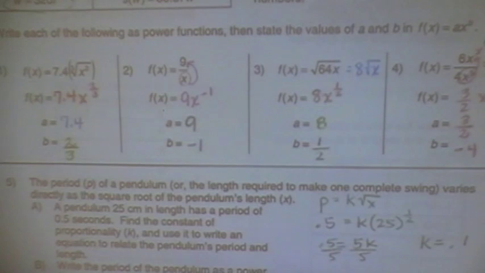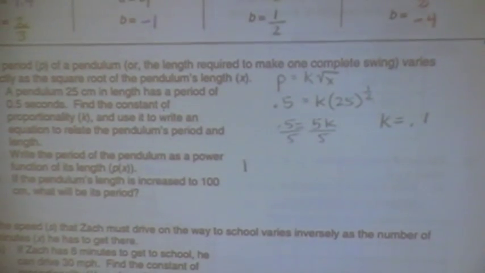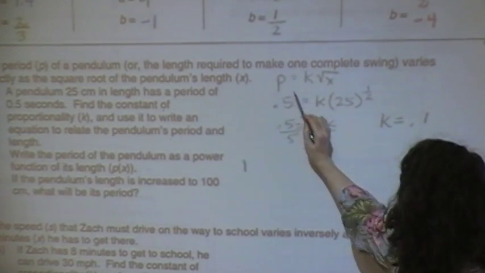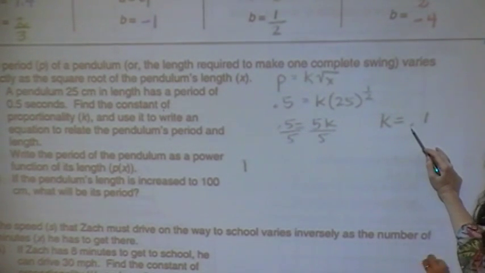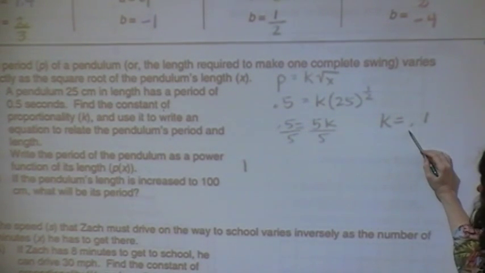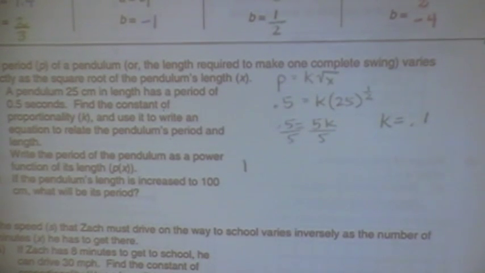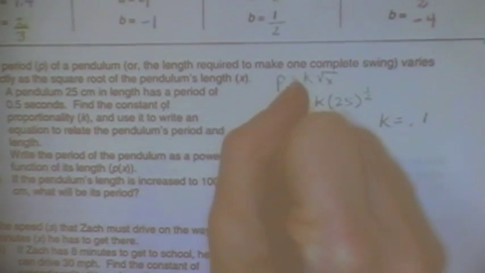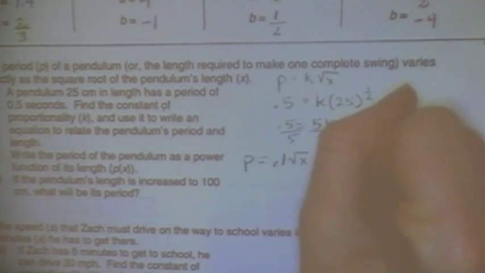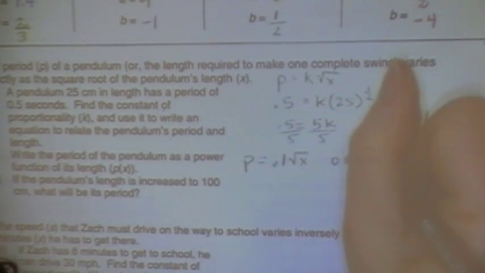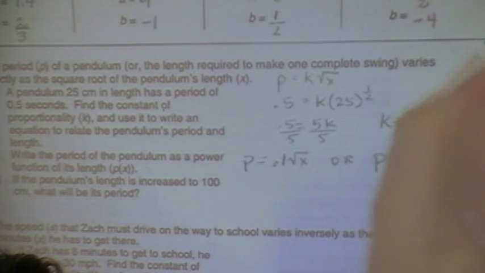Okay, so now when I go back to rewrite it, I calculated and found my K to be 0.1. So now I'm going to go back and rewrite it as P equals 0.1 square root x, or because they want it written as a power function, P equals 0.1 x to the 1/2.